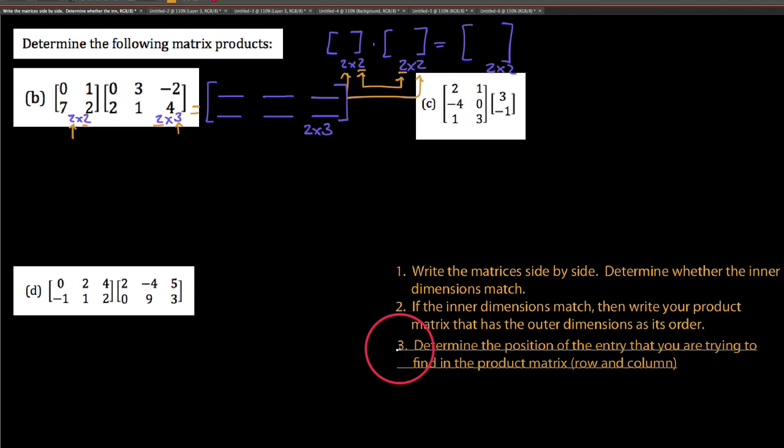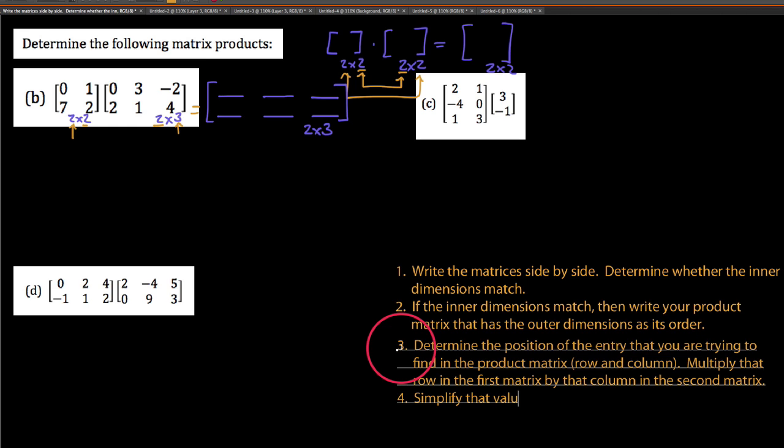And then we're going to multiply that row in the first matrix by that column in the second matrix. And then we're going to simplify that value to get a final value.